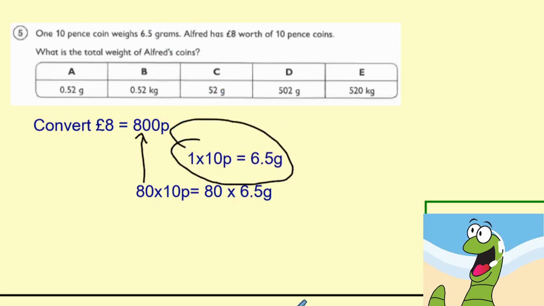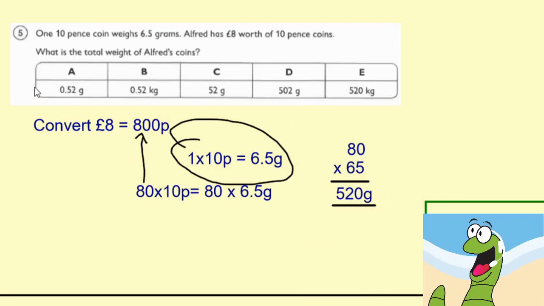Okay, so let's do it. And there's one I made earlier. So it's 80 times 5. Let's get everything together. Okay, and 80 times 5 is 520 grams. Have we got 520 grams up here? No, we don't.